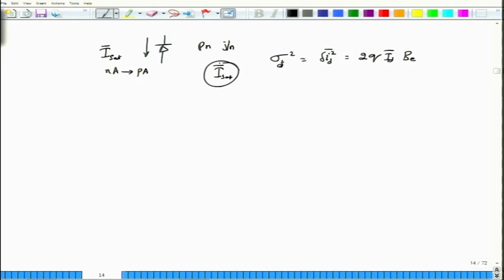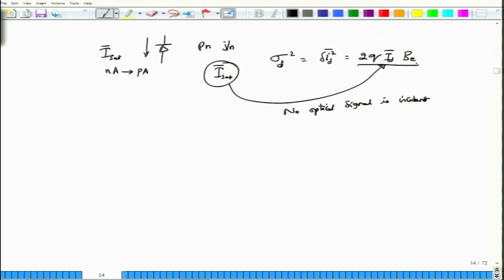We do not call it reverse saturation current, we normally call it the dark current, with the assumption that no optical signal is incident on the photodetector, and assuming of course the photodetector is operated in reverse bias, which is anyway the requirement. You will see that the noise that is generated because of the dark current or the saturation current is given by this expression.